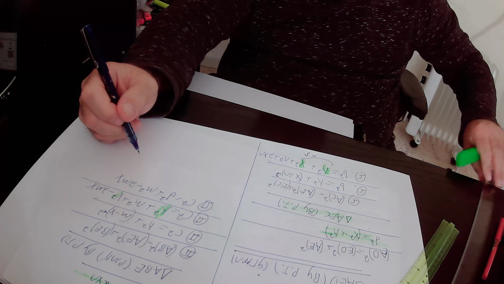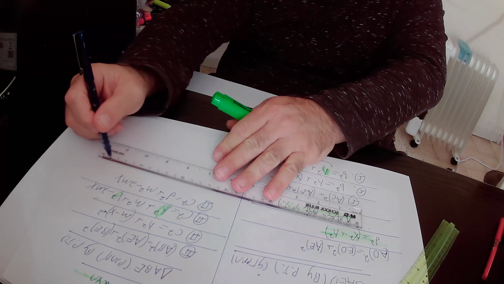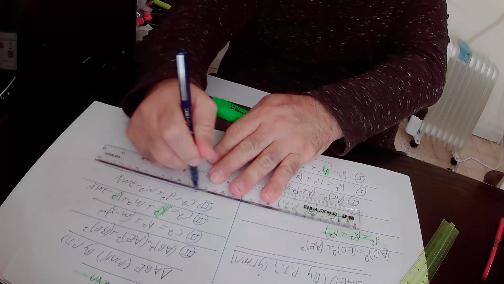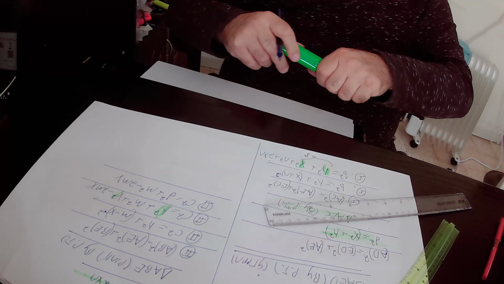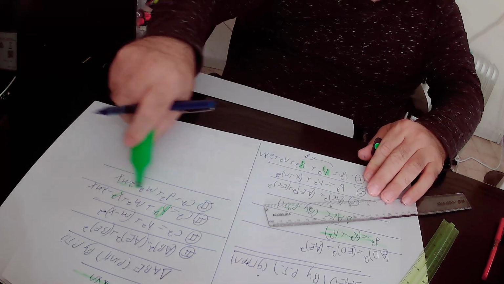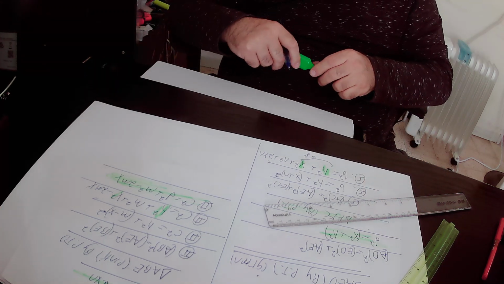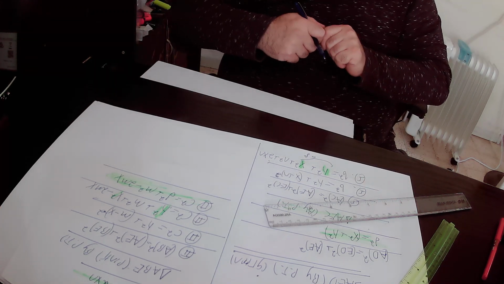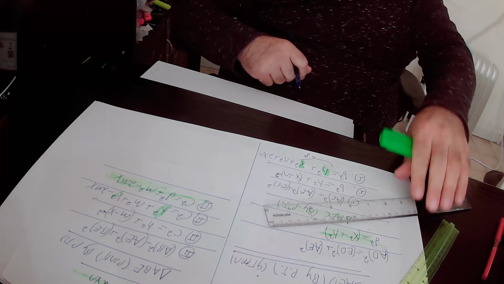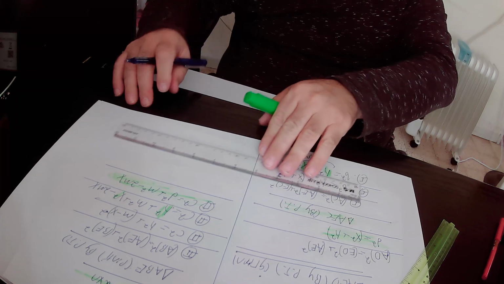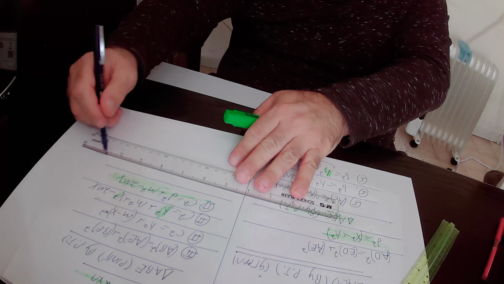Repeat again, according to equation number 2, in the right triangle ABE, we found out that C square equals D square plus M square minus 2 times mx. In the next step, we'll create equation number 3.